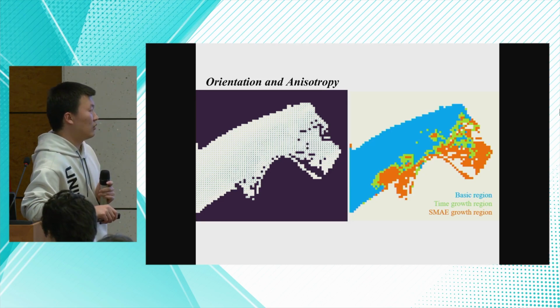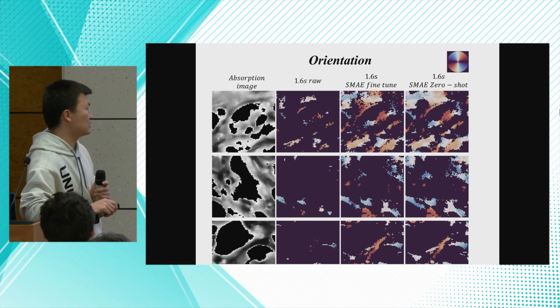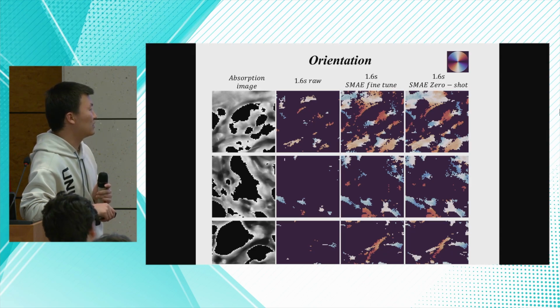And with our algorithm, this gray region, and even the orange regions, all grow. Now we tested this at another point, and with the raw data we cannot get any information, but with our algorithm we can get a lot of useful information here.